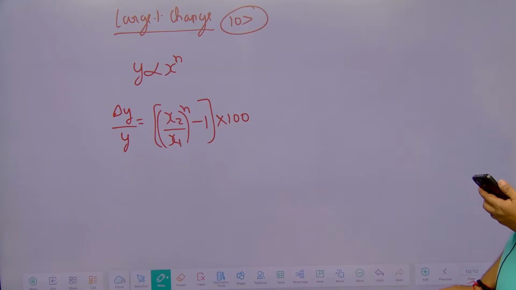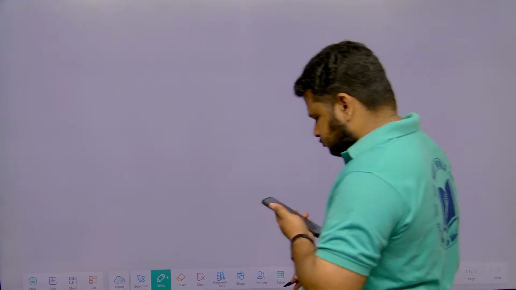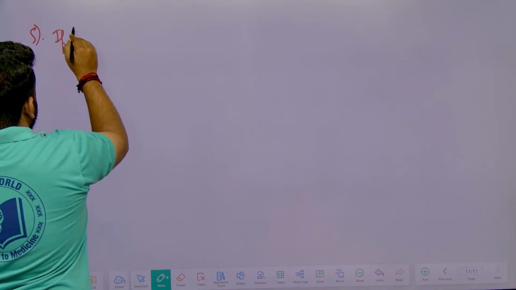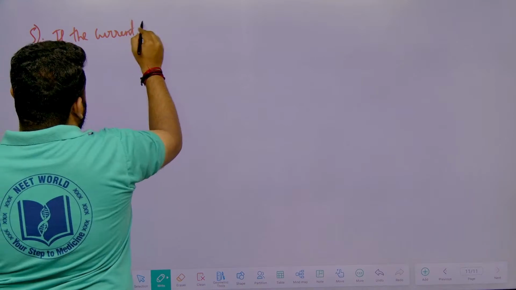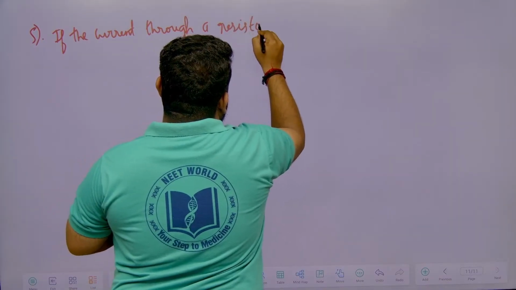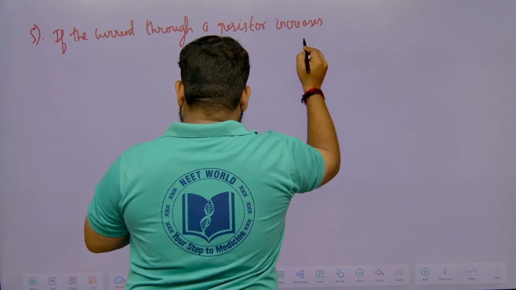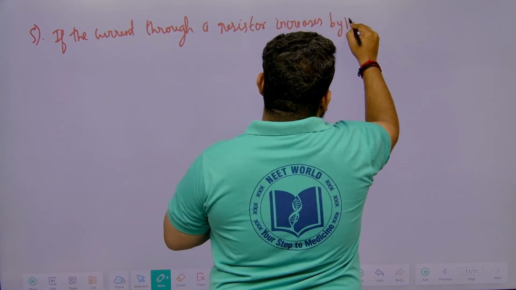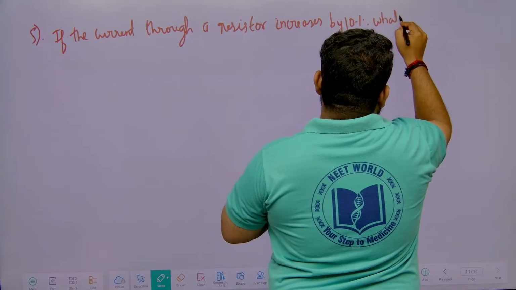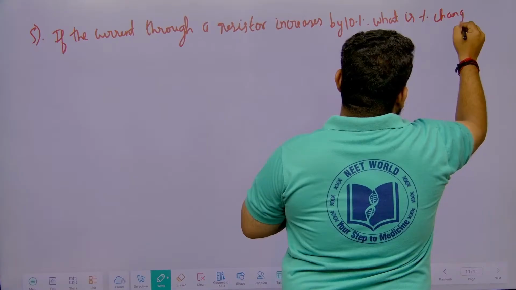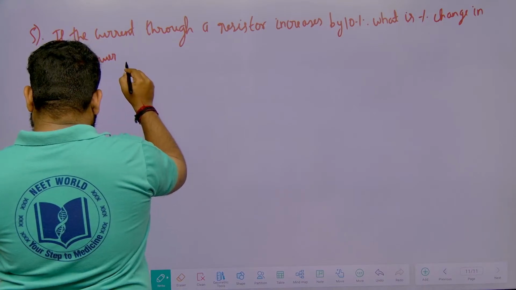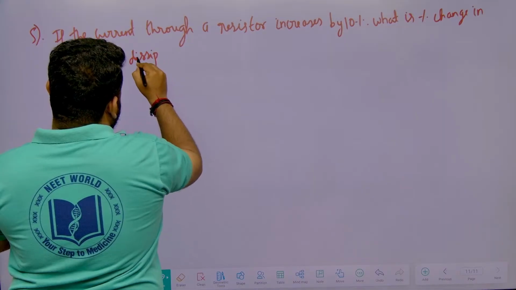Okay, let us write down the question. They are telling, if the current through a resistor increases by 10%, what is the percentage change in power dissipated?